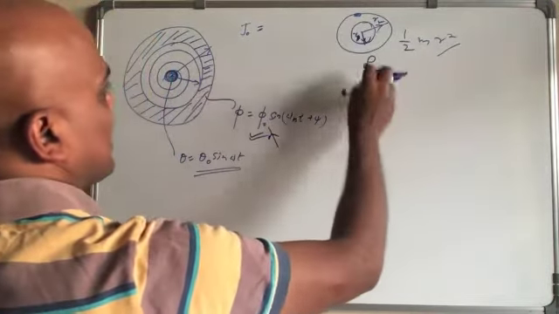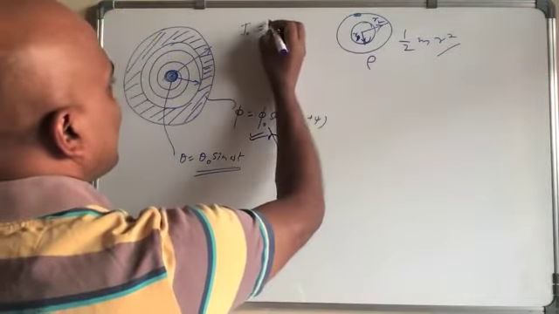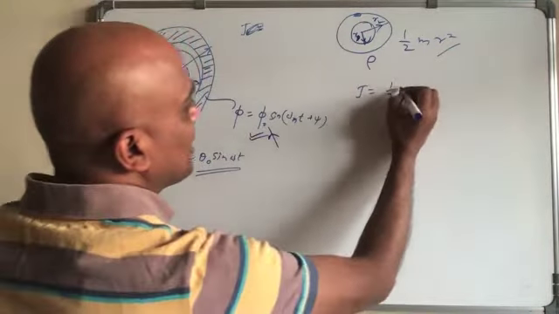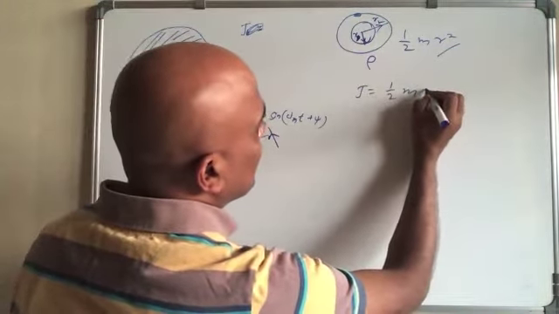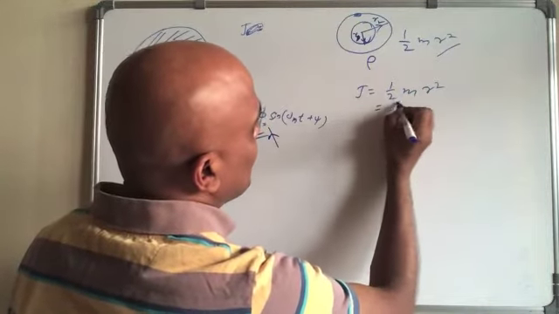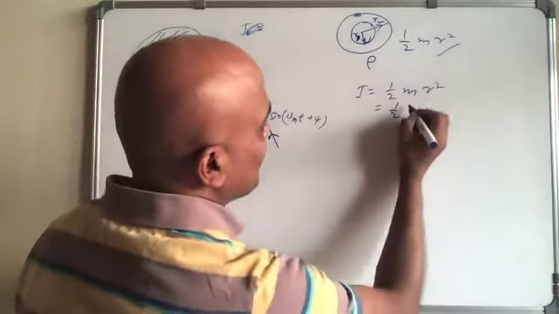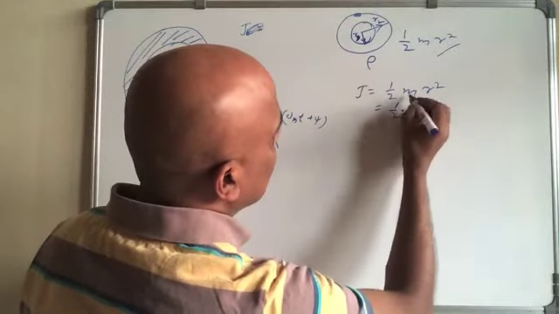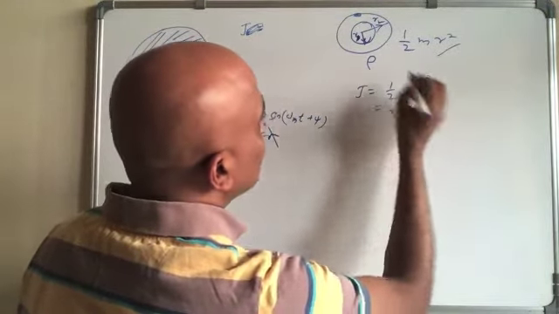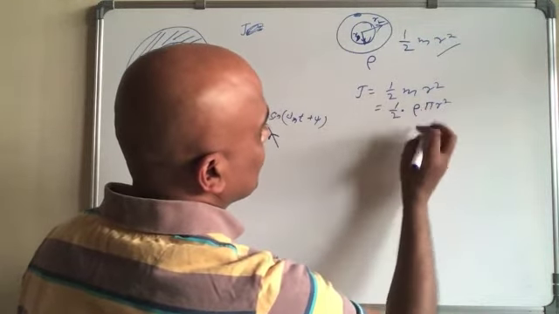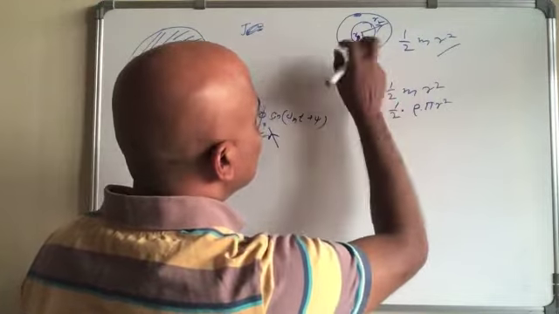In terms of rho, J equals half m r square. Fixing rho, you get rho times the area, pi r square, times the depth.